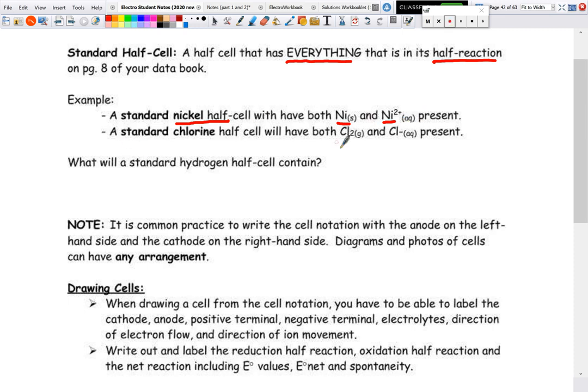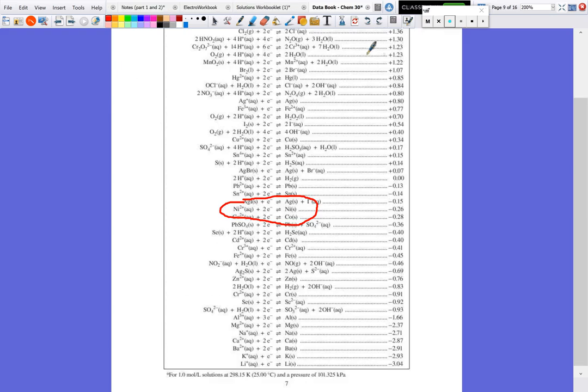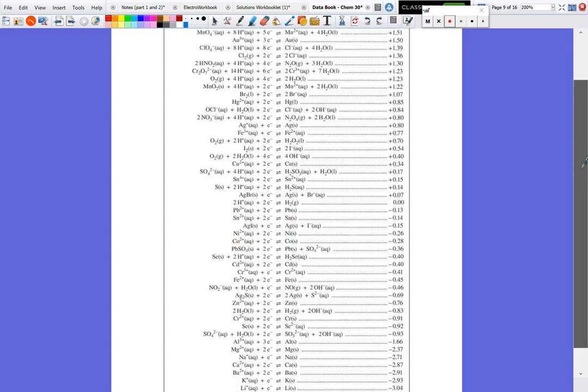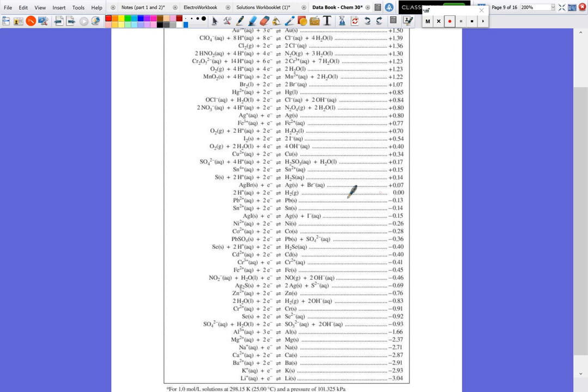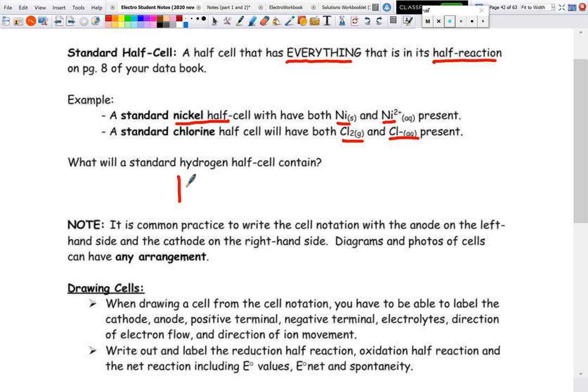Whereas if we have the standard chlorine half cell, it's going to have both Cl2 gas and Cl minus present. So when we're trying to figure out what needs to be present for our standard hydrogen half cell, what should it contain? Same thing, we go to our data booklet, we find the reaction of hydrogen, and it's right here. So our standard hydrogen half cell is going to contain hydrogen gas, but also have the hydrogen ion, just aqueous, and hydrogen gas present.